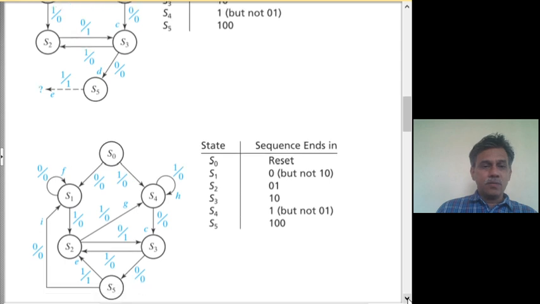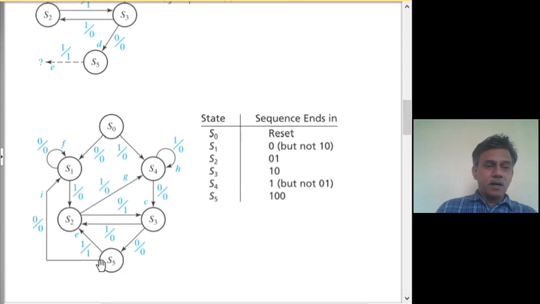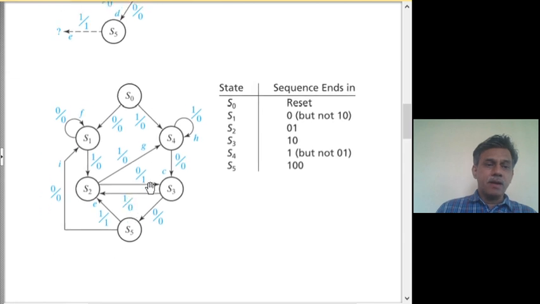So, the last bit 1 of 1, 0, 0, 1, we do not create a new state, we go back to S2. That way, if there is a 1, 0, 0, 1 followed by a 0, 1, 0, then we will handle it, because it is a 0, 1, 0, and followed by a 1, 0, 1, 0, we will be handling it.